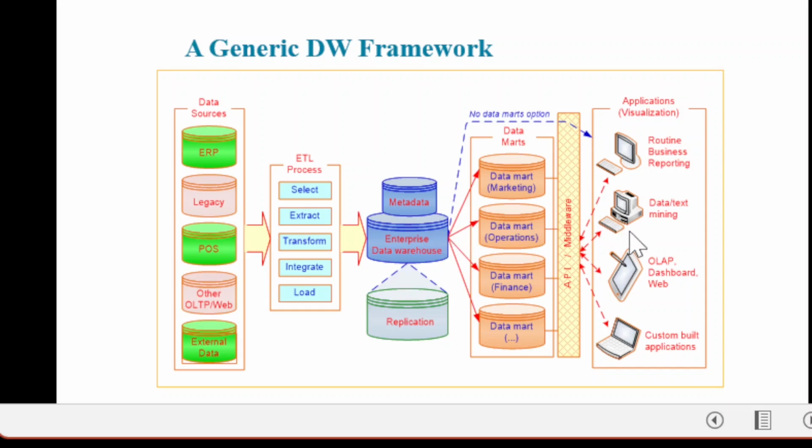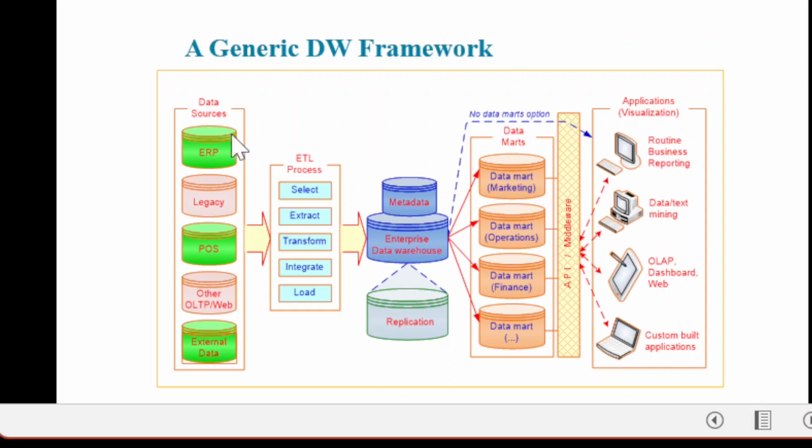Or if you don't require a data mart, you can get access to the processed or gathered data at the enterprise data warehouse. So the application of analysis is done here.